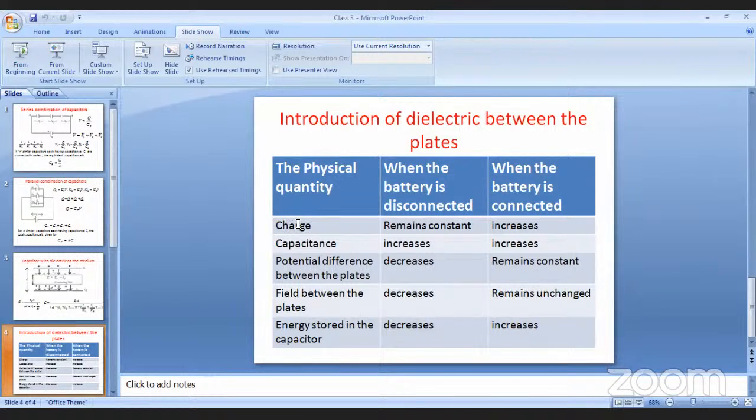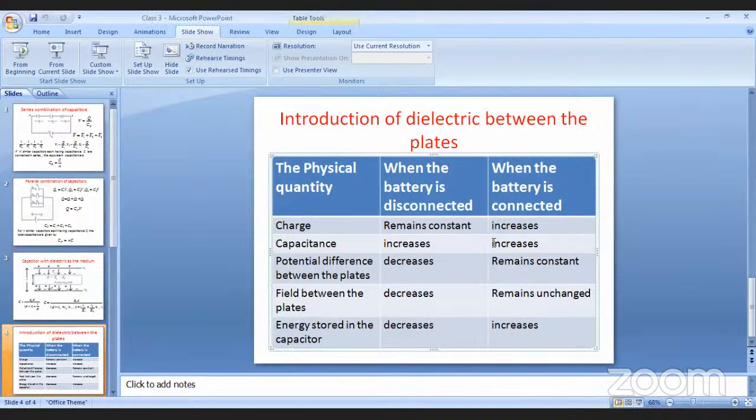The charge stored in the capacitor remains constant when the battery is disconnected, but when the battery is connected, the charge actually increases. Secondly, the capacitance value increases due to the presence of the dielectric material when the battery is disconnected, and even when the battery is connected, the capacitance value increases.